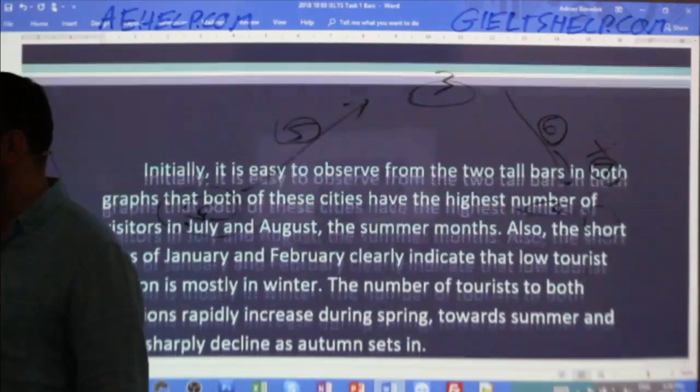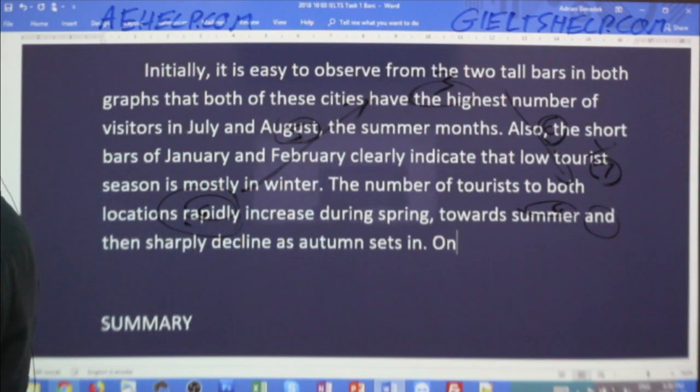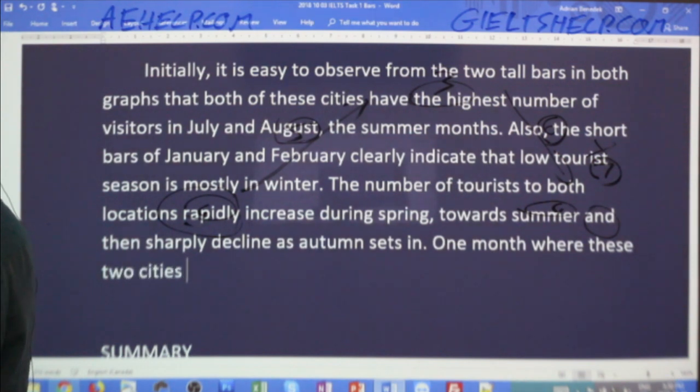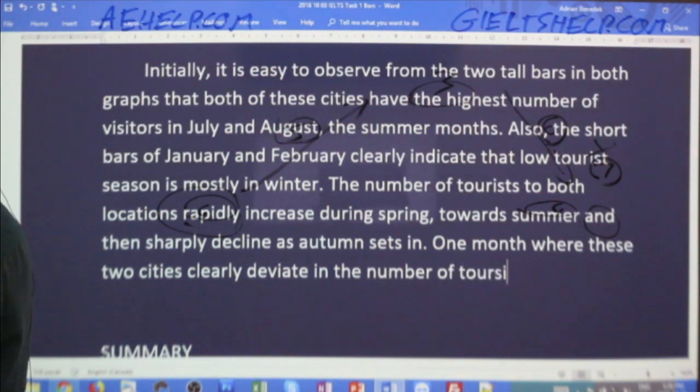So one place, 1 month, where these two cities clearly deviate in the number of visitors is December.